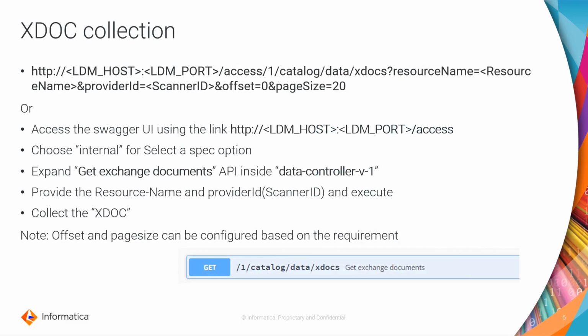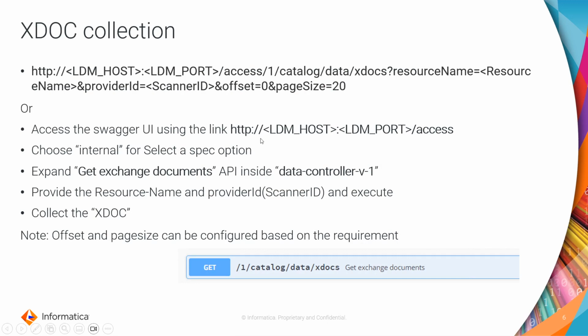This is how the XDOCs collection needs to be done, either by using the direct link, where we give the resource name, provider ID, offset value, and the page size value. This offset and page size can be configured based on your requirement, on how much data we have to collect.